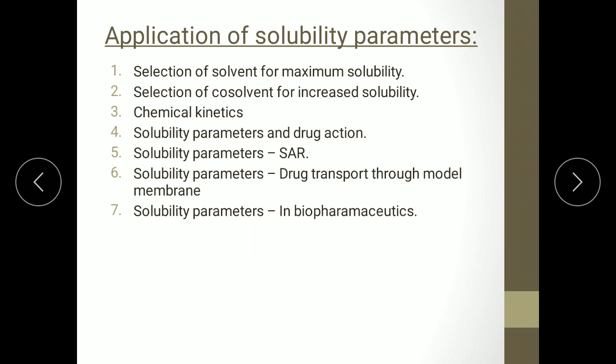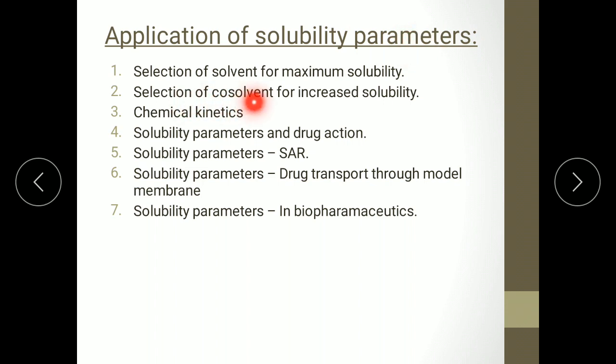During selection of solvent for maximum solubility, we have to see that the more alike the value of delta between solute and solvent, the greater the mutual solubility, because more alike means delta 1 and delta 2 values are similar, then delta 1 minus delta 2 becomes 0 or nearer to 0, and maximum solubility will occur. So selection of solvent is also based on the solubility parameter.